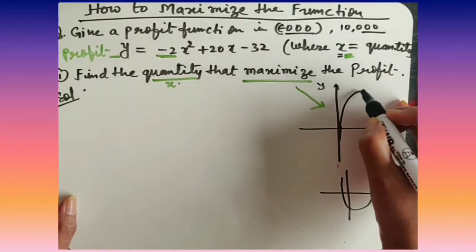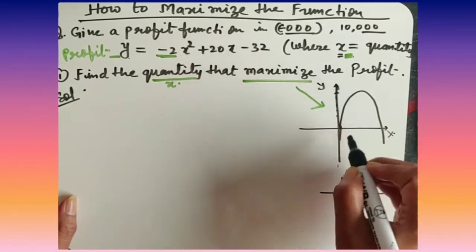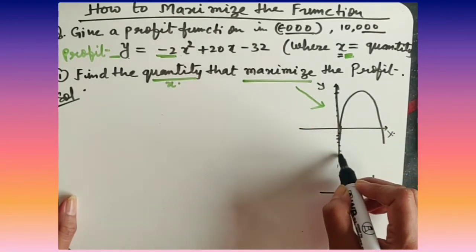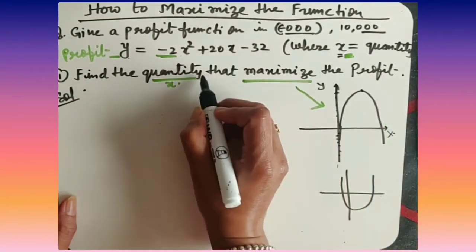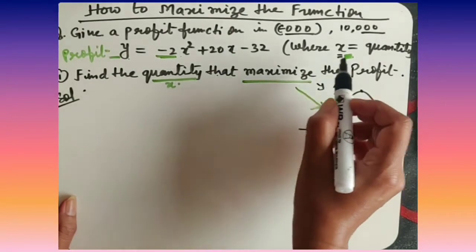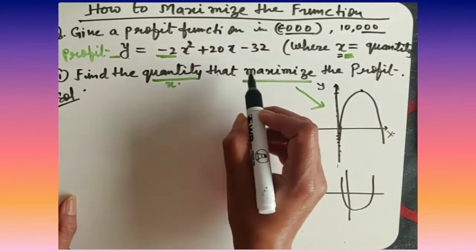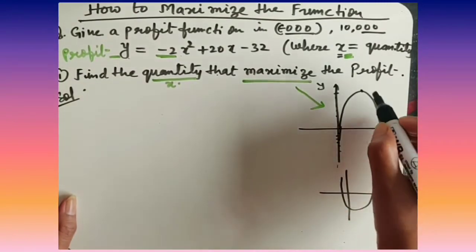Here y is positive and here y is negative. So this is the maximum value. By using calculus, we will find the quantity that gives the maximum.